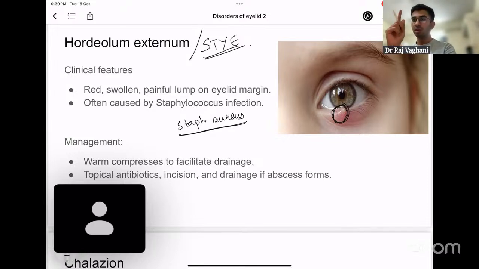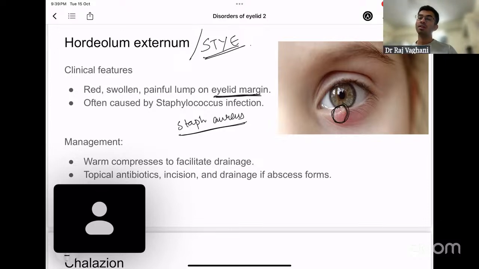So it is a red, swollen, painful lump on the eyelid margin. Most important is where it is: on the eyelid margin. What is the causative organism? The causative organism is Staph aureus. Now, how do you manage this condition? You manage it by warm compresses to facilitate the drainage. If there is drainage, you can facilitate it by warm compressing.